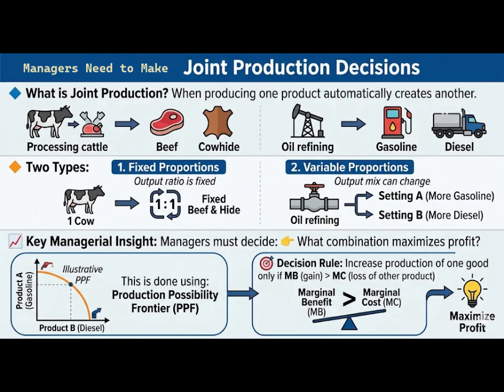So, managers must decide what combination maximizes profit. And how this is done? This is done using production possibility frontier, also called PPF, and marginal benefit versus marginal cost.